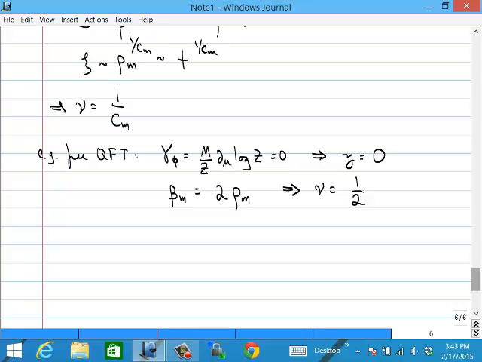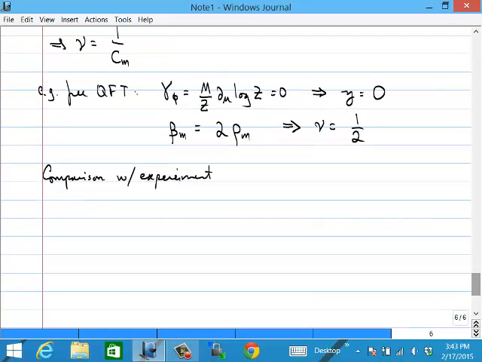So, for example, if you take the parameter that we called nu, then in the Landau theory, this is equal to 1/2. In the Wilson-Fisher fixed point, you can actually compute this critical exponent.